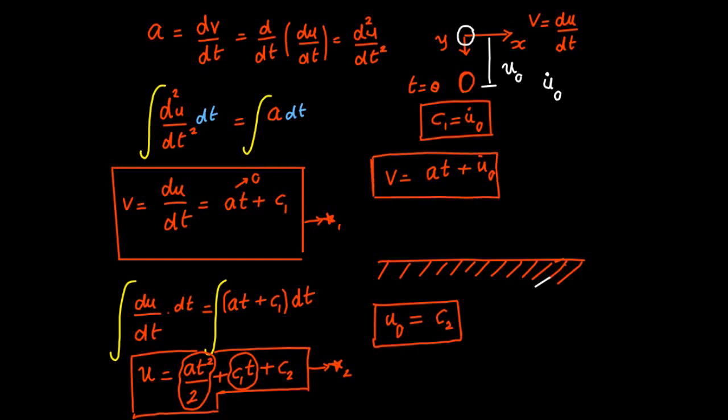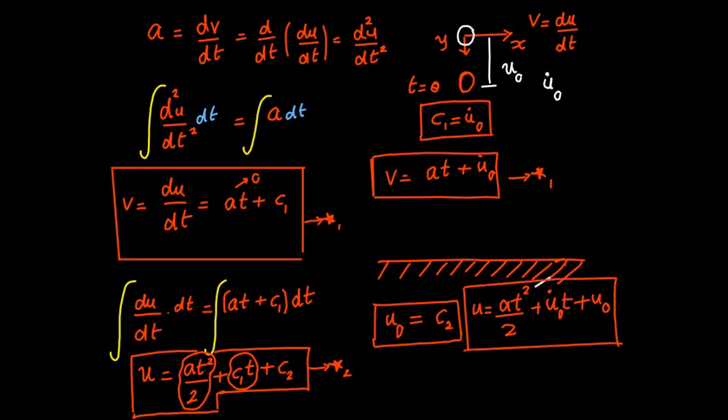Similarly, star equation number 2 becomes u equals at square divided by 2 plus u naught dot into t plus u naught. So that is giving us the expression for displacement at any instant of time. So this is going to be our star equation number 2.